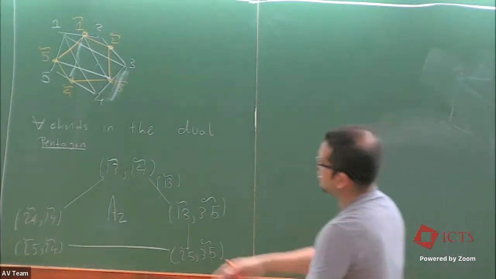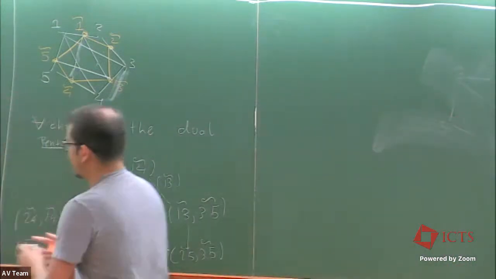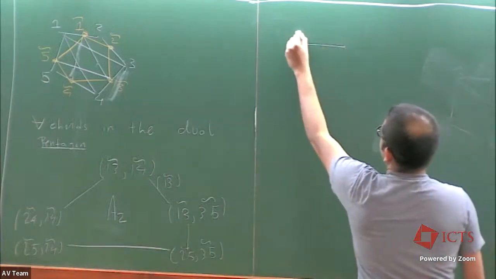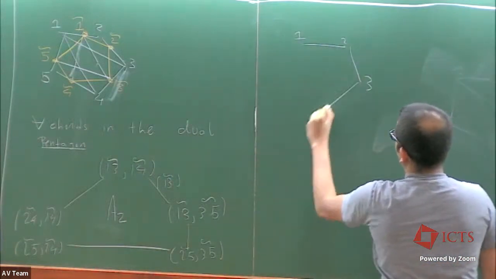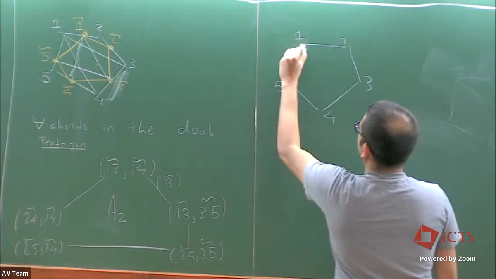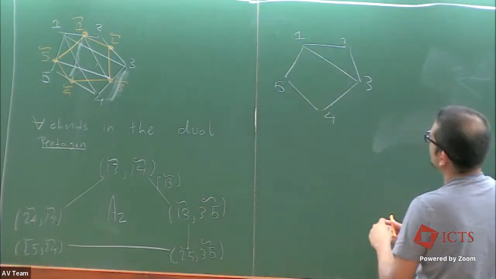But let me do this rule where it will become clear what is not allowed. So let's do the next example, and again I draw the dual.